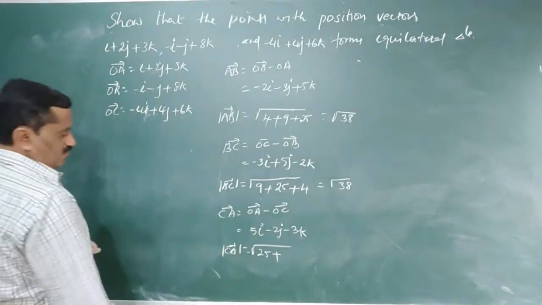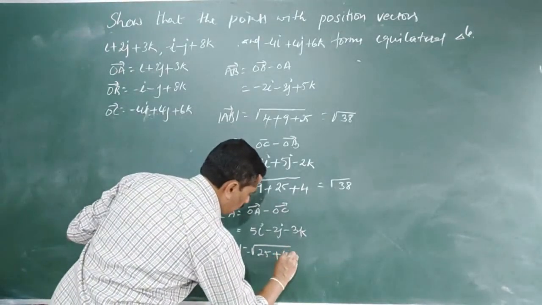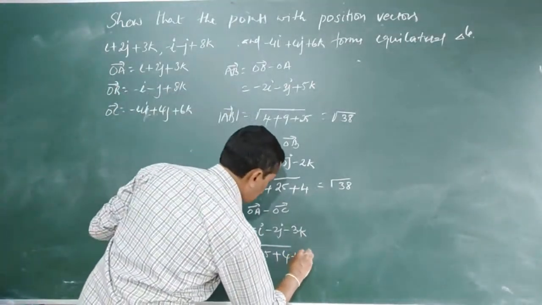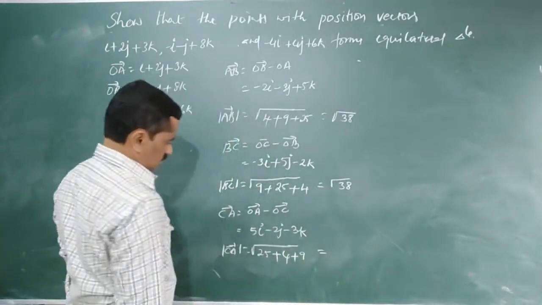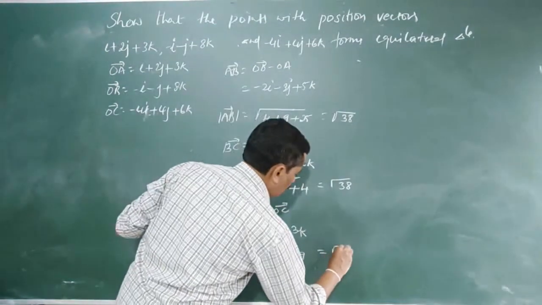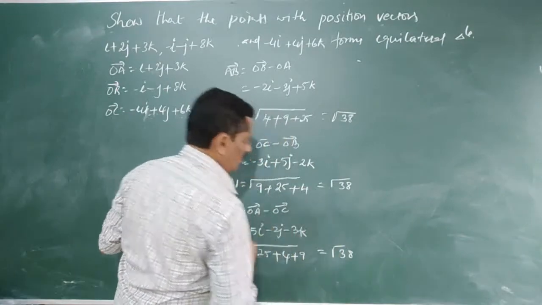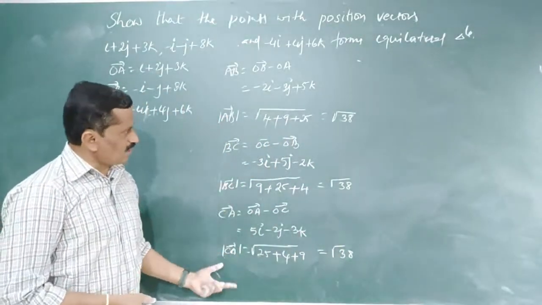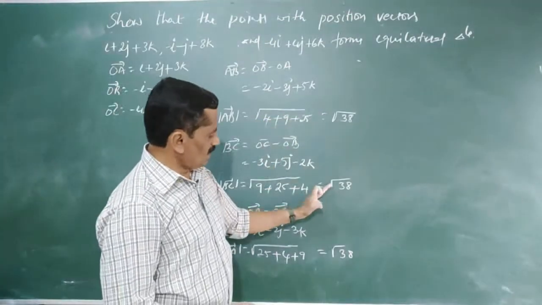minus 2 whole square, we have 4, plus minus 3 whole square, we have 9. Again that is equal to 25 plus 4 plus 9, we have root 38. So now compare magnitude of AB bar, BC bar, CA bar. We have root 38.